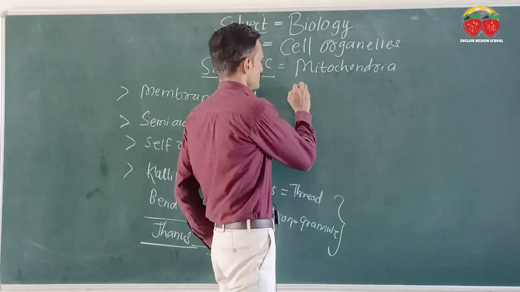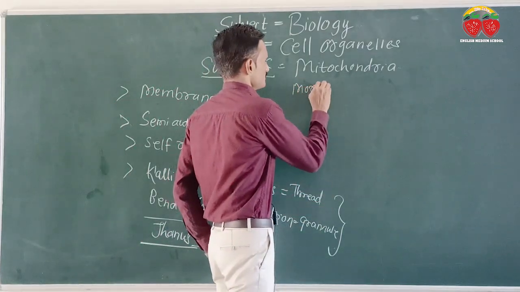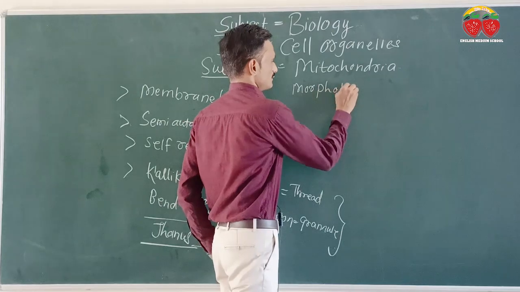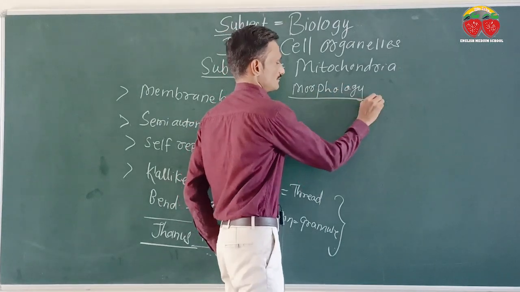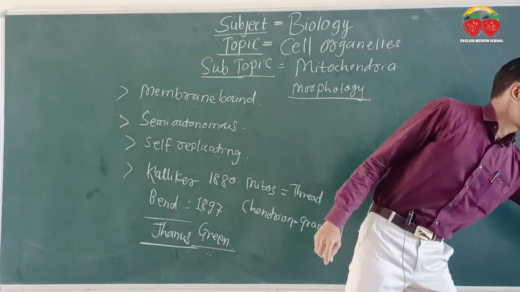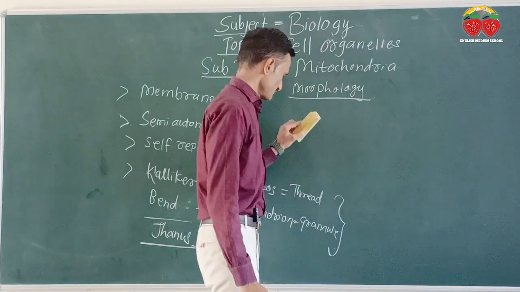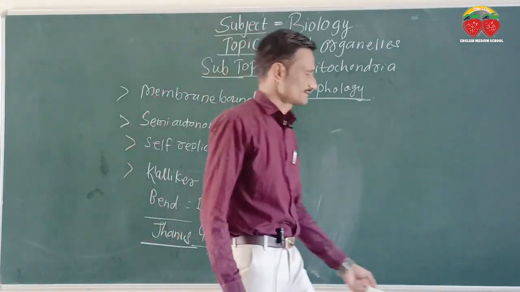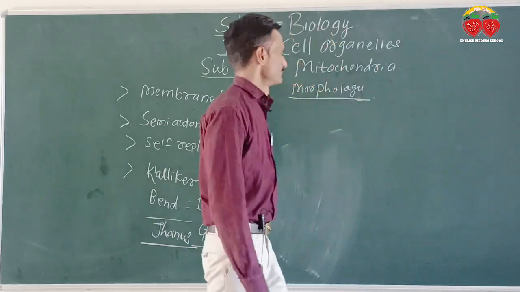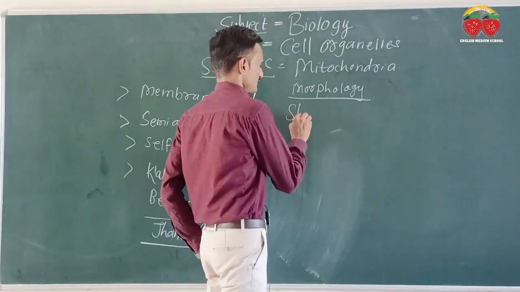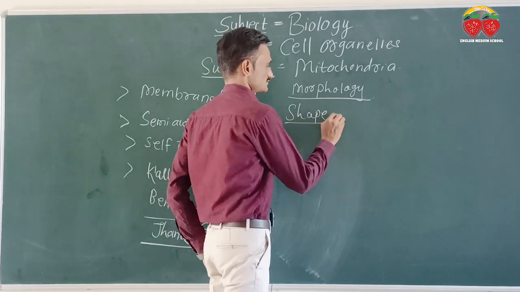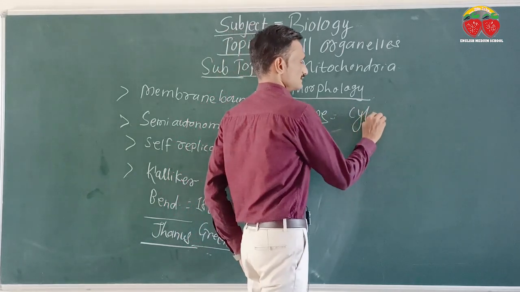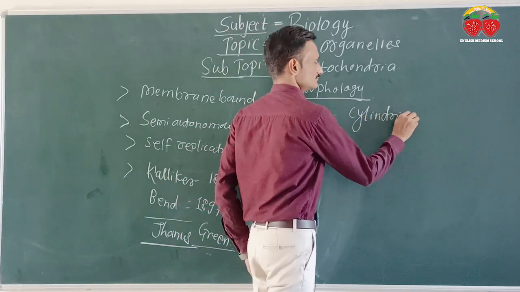Now we will check the morphology of mitochondria. This mitochondria was checked under the light microscope. It generally shows a cylindrical outline.